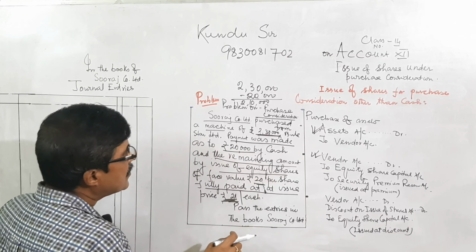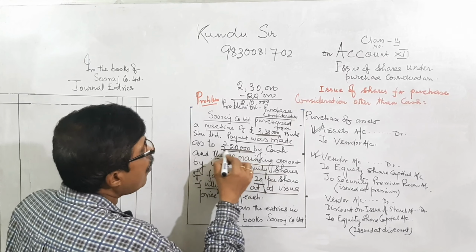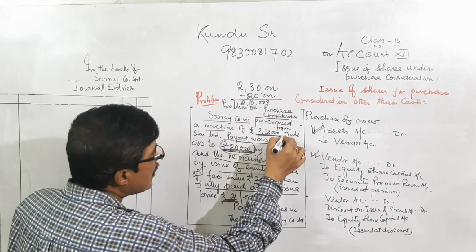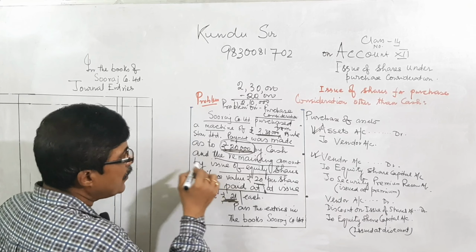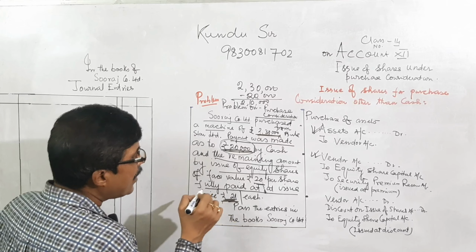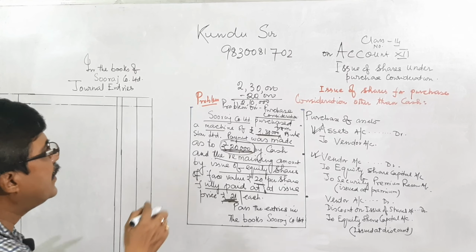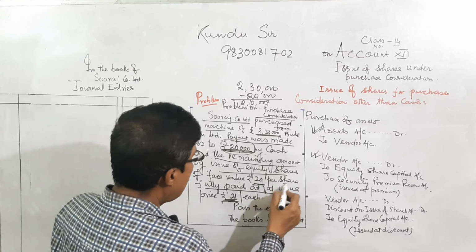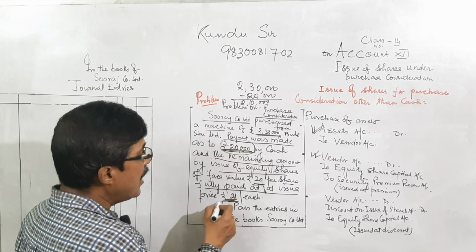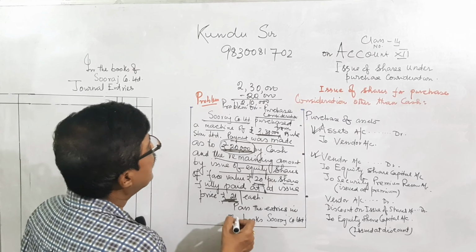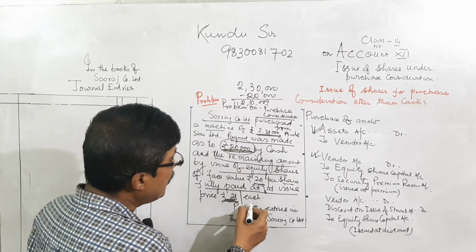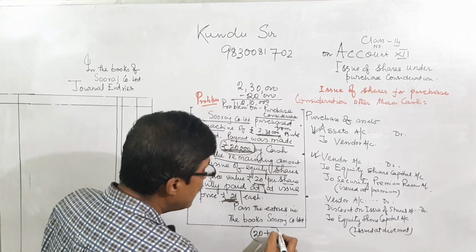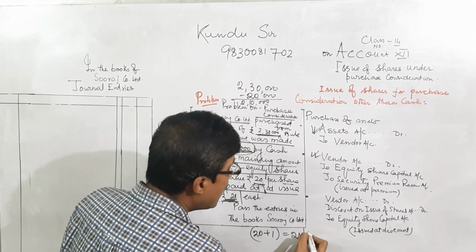At the time of purchasing, the company gives 20,000 cash to Blue Star Company, and the rest part of the purchase consideration will be settled by issuing shares of Sarosh Company Limited, of face value 20, but this company is issuing the shares at a premium, that is 20 plus 1, it is 21 rupees per share. That means 20 rupees plus 1 rupee equals 21 rupees per share.